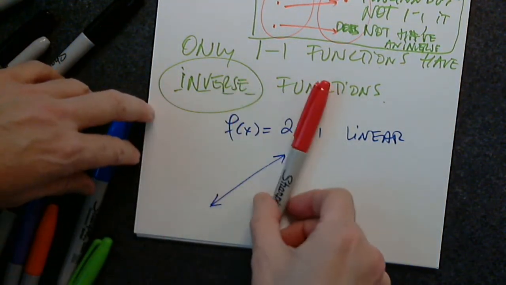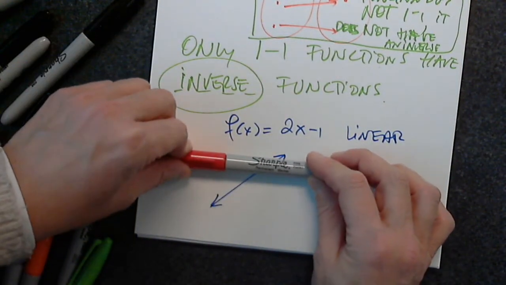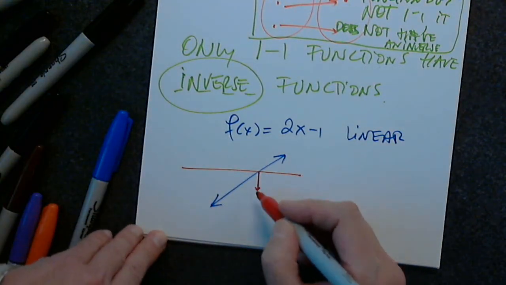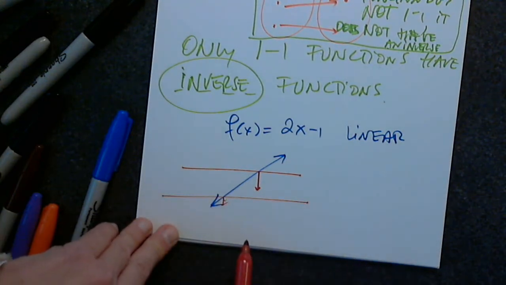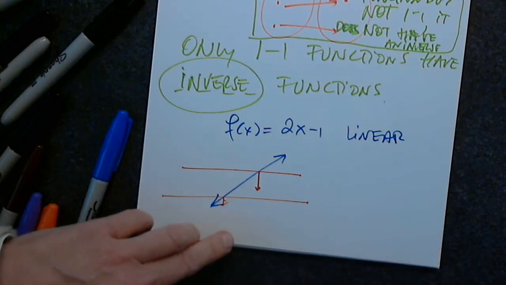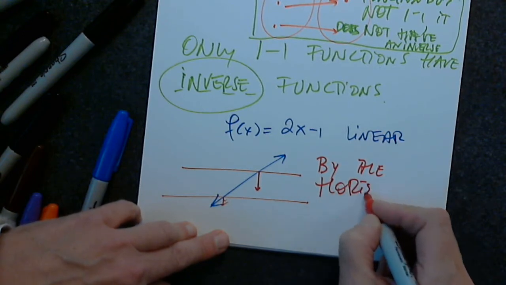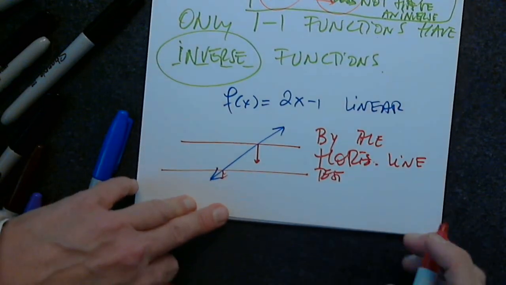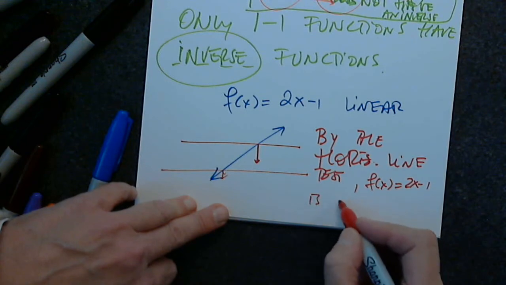By the vertical line test, I know it's a function. By the horizontal line test, I will know whether it's one-to-one. For this y value, how many x values do we read? 1. For this y value, how many x values do we read? 1 for each, of course. So by the horizontal line test, not vertical, f of x equals 2x minus 1 is one-to-one.